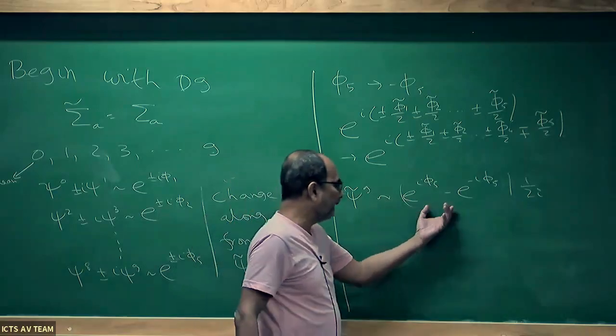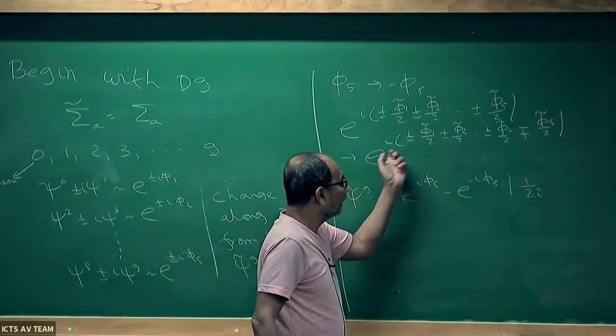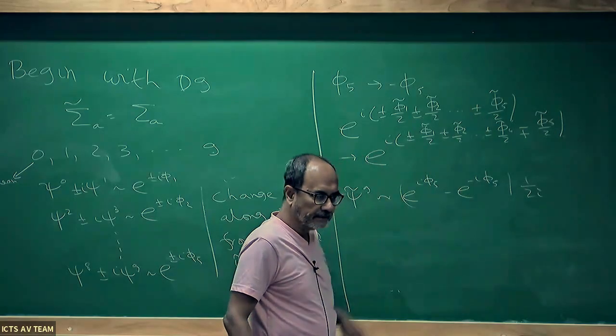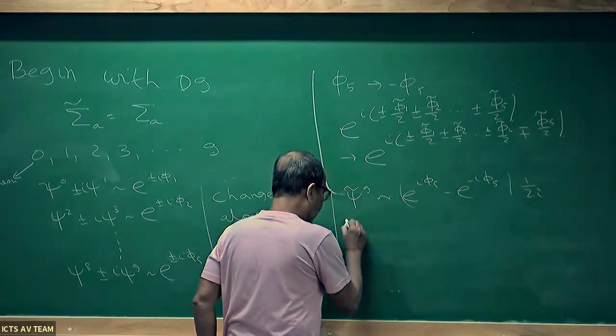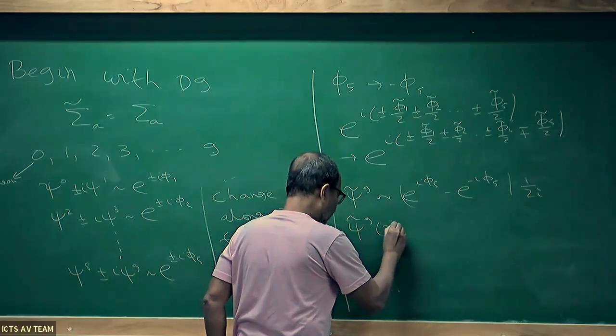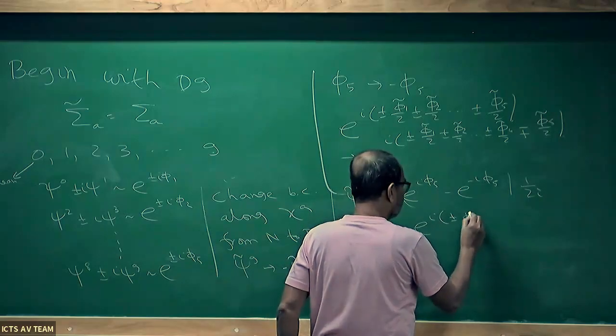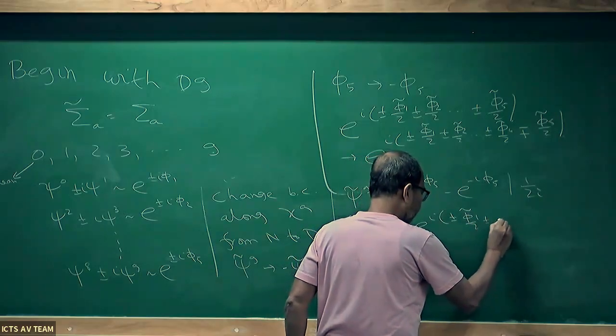Suppose you take the OPE of this with any of these, with plus or minus sign: psi tilde 9 of z with e to the I plus minus phi tilde 1 by 2.